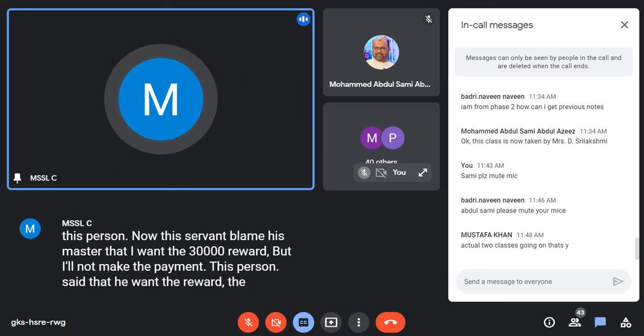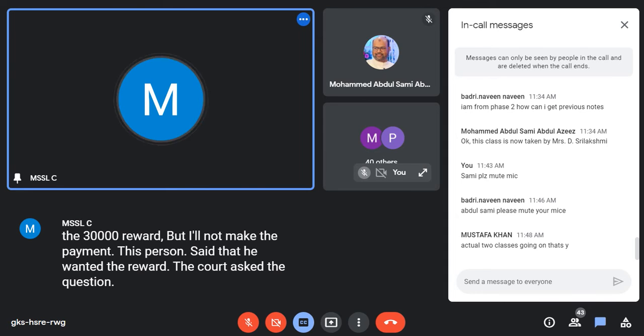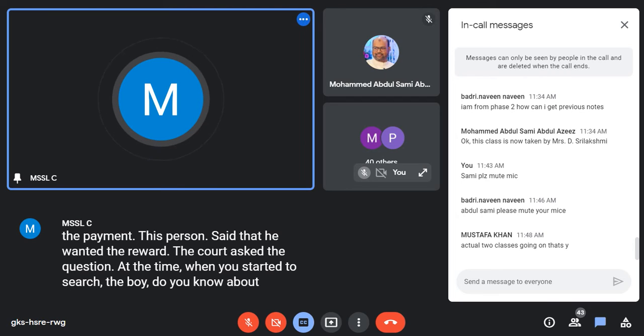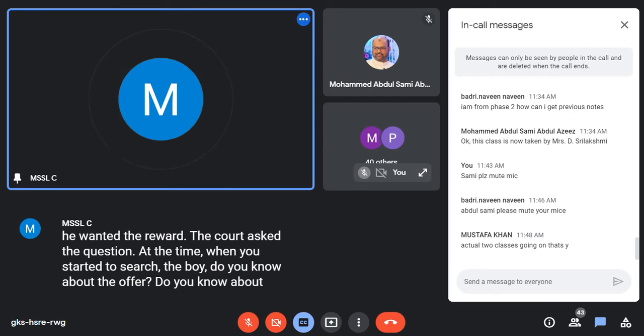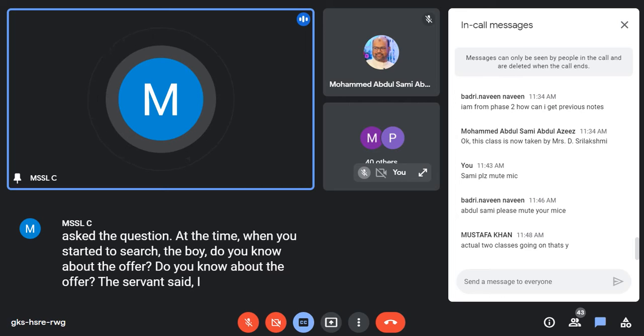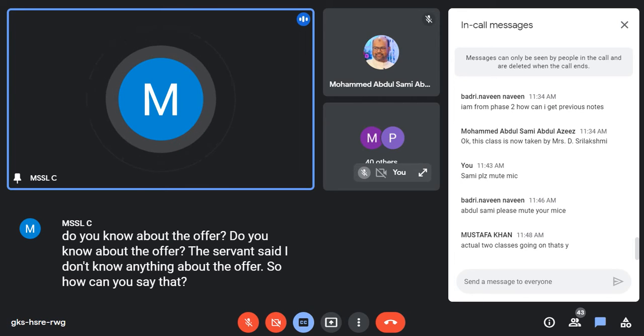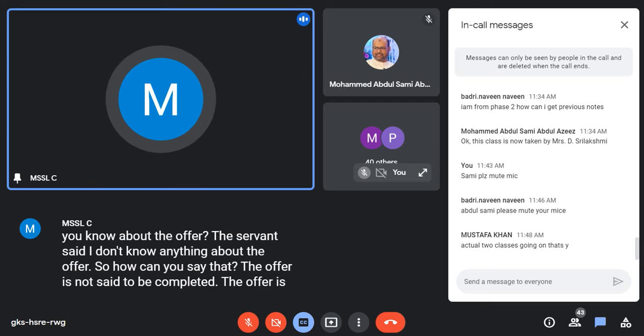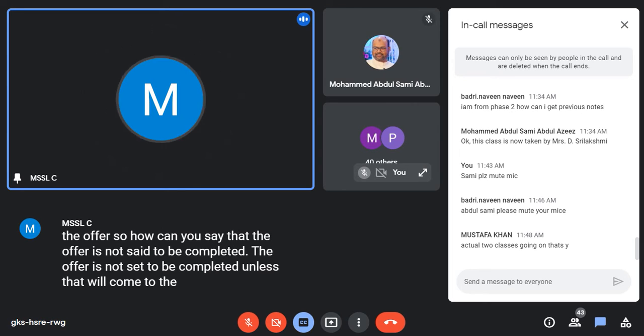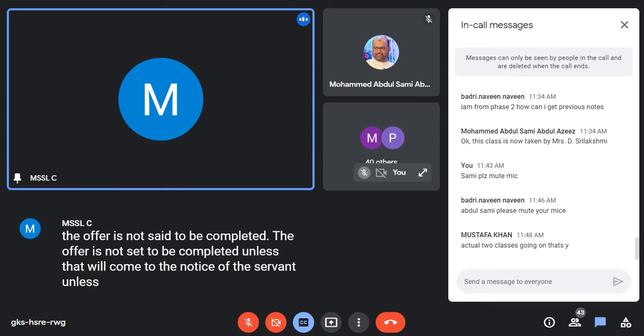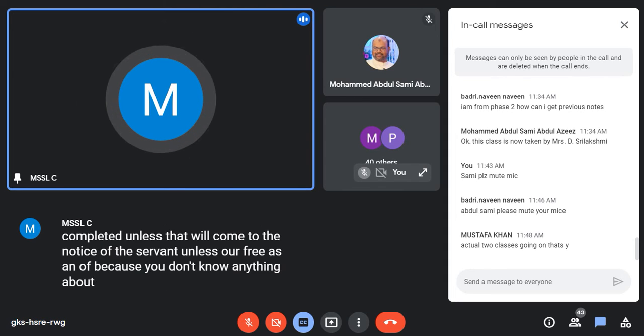The court asked the question: at the time when you started to search for the boy, did you know about the offer? The servant said, I don't know anything about the offer. So how can you say the offer is completed? The offer is not said to be completed unless it comes to the notice of the offeree. Because you don't know anything about the offer, how can you give the acceptance?